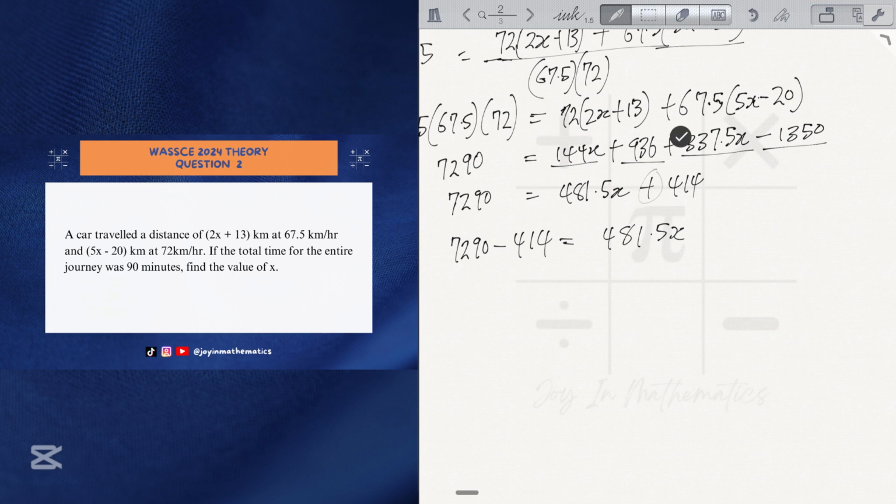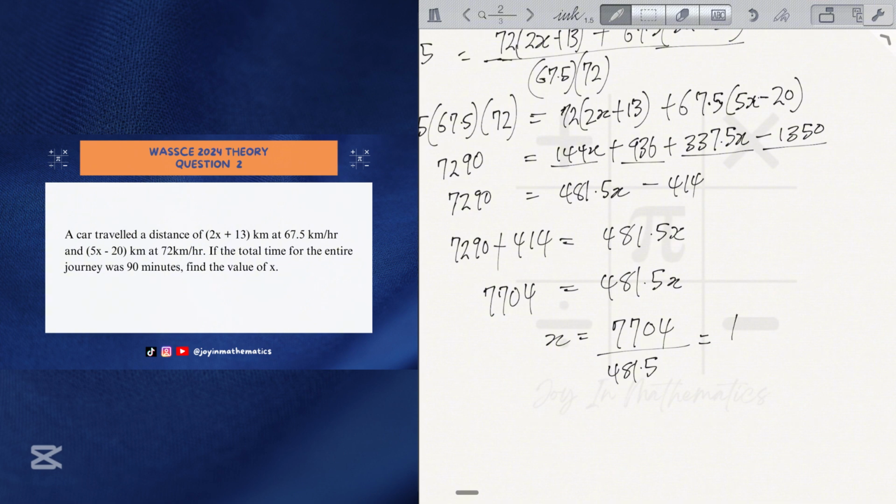Dividing both sides by 481.5, we have our value of x equal to 16. So x is equal to 16.